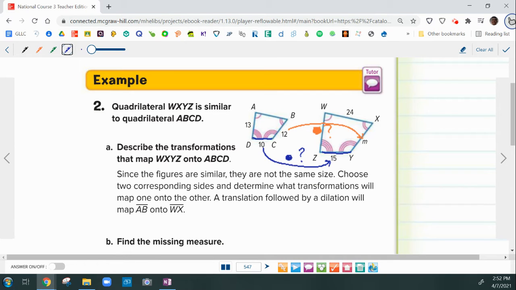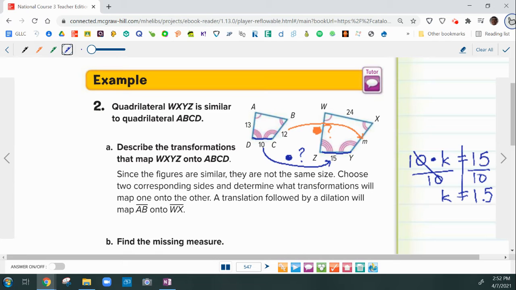You can think of it like an equation that we can solve. 10 times, we'll put k as our scale factor, equals 15. Well, to solve that, we would just divide by 10. And that gives us the scale factor of, divide it on a calculator or just do it mentally, 1.5.